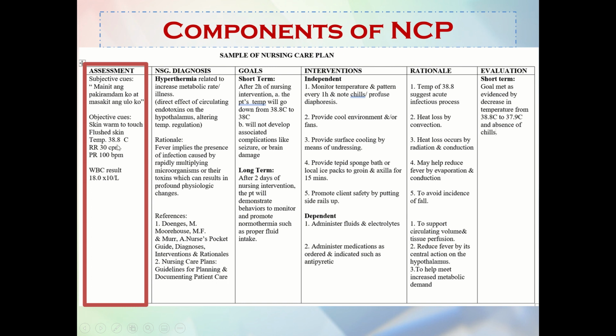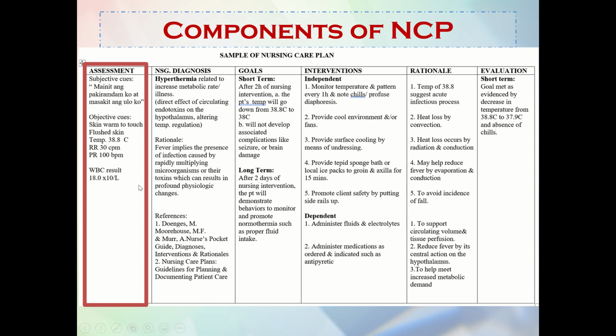So you have a temperature of 38.8 degrees Celsius, the respiratory rate is 30 cycles per minute, pulse rate is 100 beats per minute, and then tinignan mo yung result ng kanyang lab, and then nakita mo the WBC result is 18 times 10 per liter.